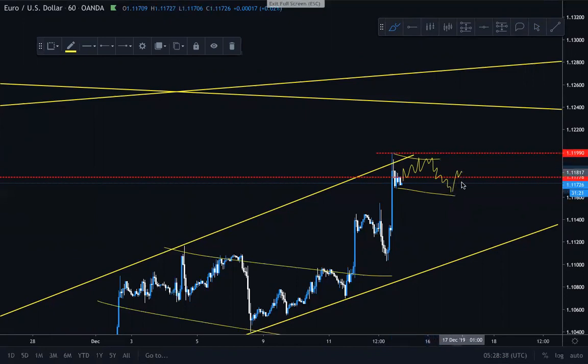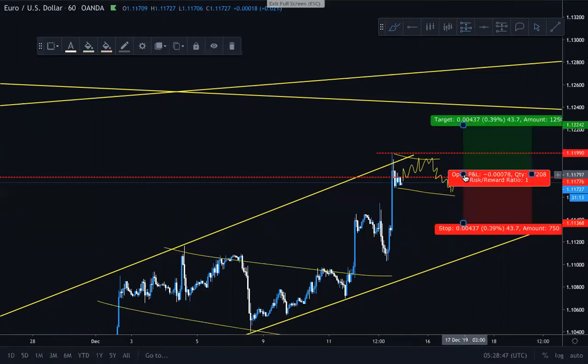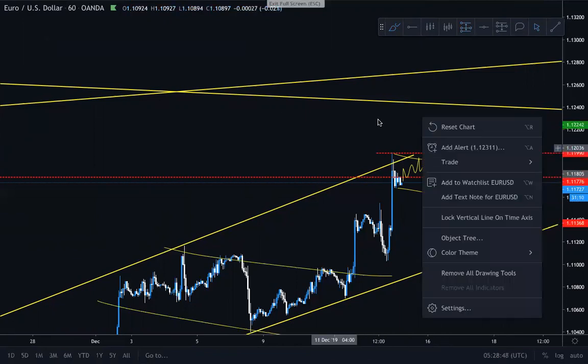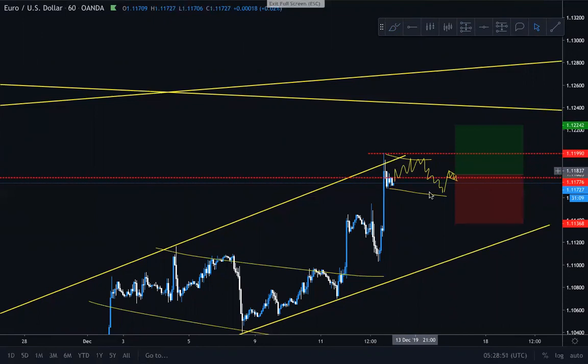At this point, I'd be looking for the first tight correction. If it wants to come within the flag, that'd be cool too. That's fine by me. At this point, it would be more defined that this is probably what the higher time frame was trying to do. It would be more clear that the higher time frame is probably trying to go higher, right?